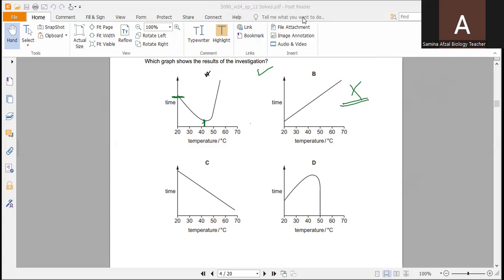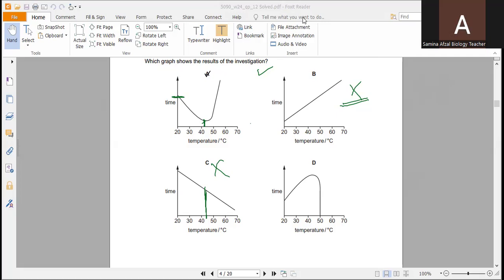C shows a straight line. As temperature is increasing, time is decreasing. This is true, but after the optimum temperature, the reactions will be stopped or slowed down. So again, this graph is not according to our expectations.